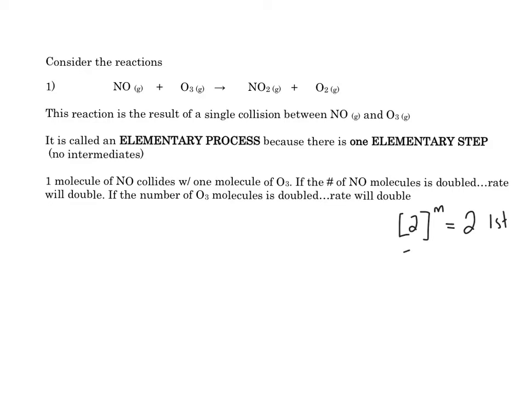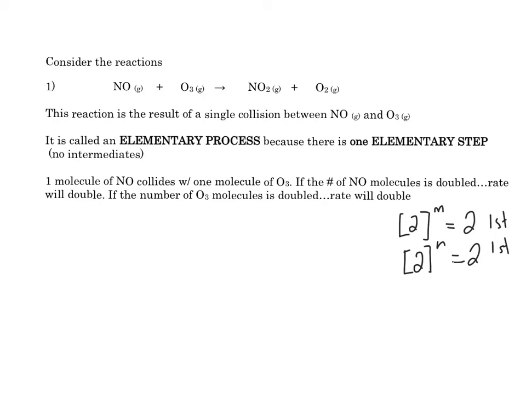So now we're talking about ozone. Doubles, we double the numbers, so 2 represents double. And again, the rate just doubles. So it is also first order with respect to ozone.